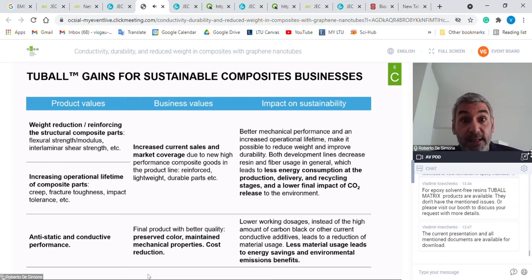So the usage of tubal can enhance the sustainable approach of the company, because using tubal you can increase some properties and make a longer life cycle of the final part. So it's really relevant that from the sustainable point of view, this is absolutely a positive.